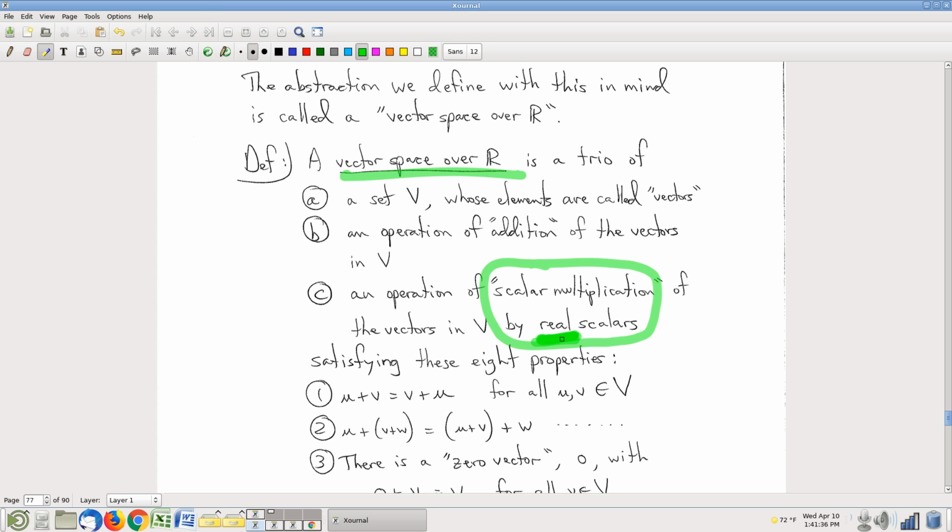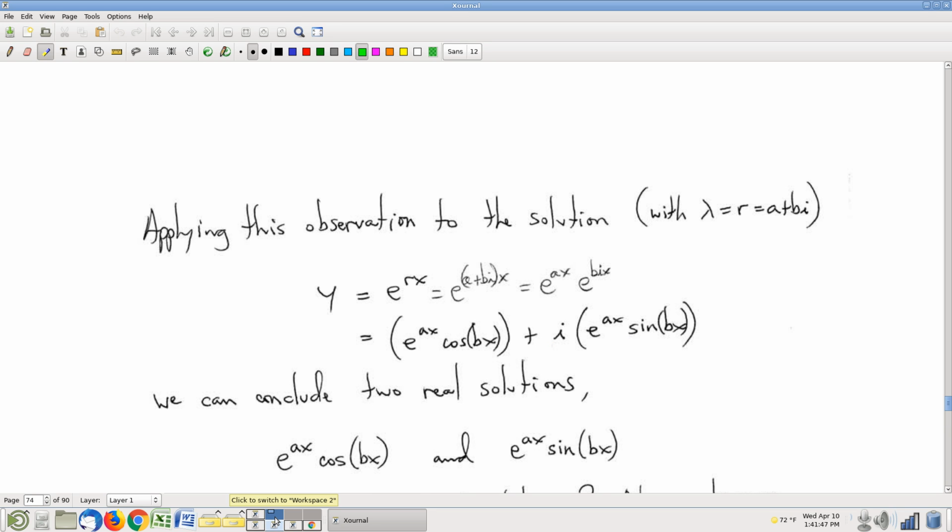And the reason I glossed over it on purpose is because I wanted to be able to bend that rule in certain cases. So here's one of them. Here in chapter 4, we were looking at solutions to differential equations, and we said, okay, characteristic polynomial, find the roots, and then we asked, what happens if you have a complex root? Well, you get a complex valued solution, which, right off the bat we weren't afraid of.